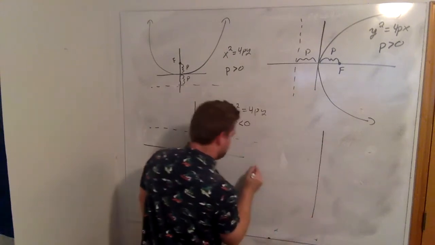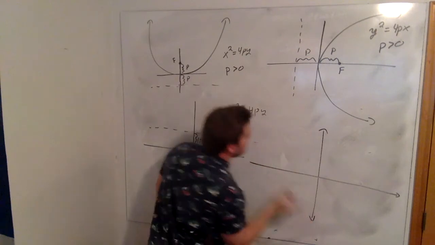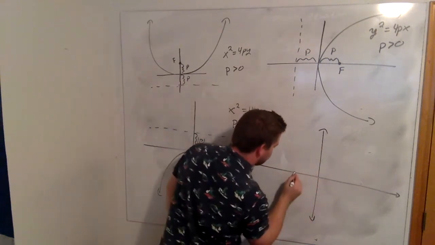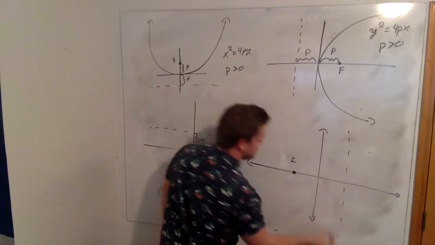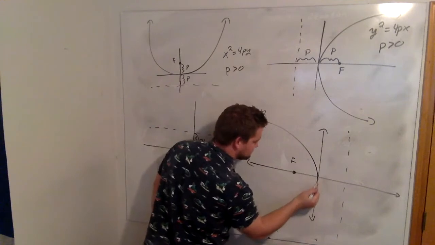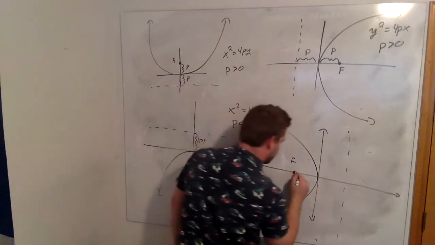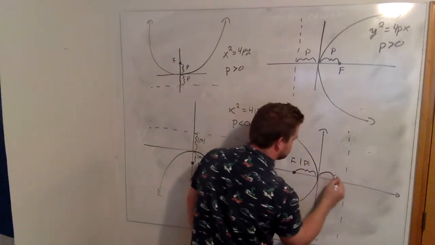Or we could also have the focus be to the left of the directrix. We'll have this parabola here. The distance from here to here will be p, we'll say the absolute value of p.